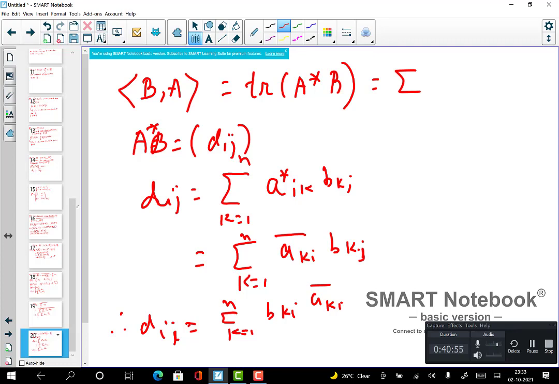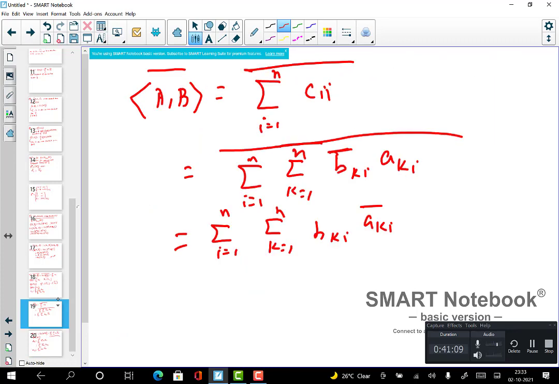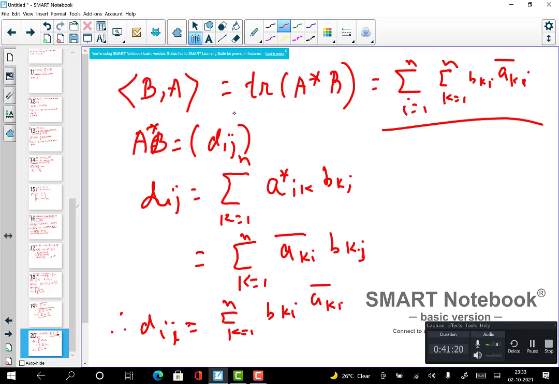Summation i equal to 1 to n and then summation k equal to 1 to n of bki aki bar, right? Now you see that this is exactly equal to the previous one, bki aki bar. And that tells you that the inner product AB whole bar is nothing but the same as the inner product of BA. Okay, so that proves condition 3.